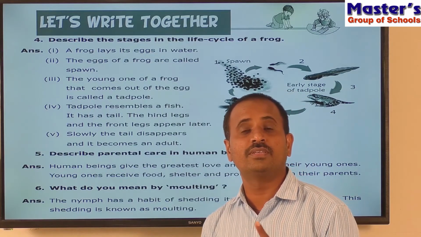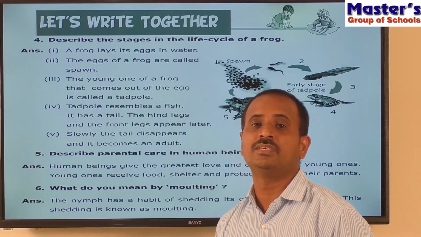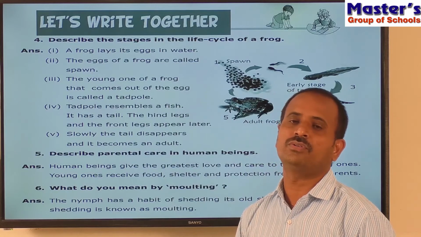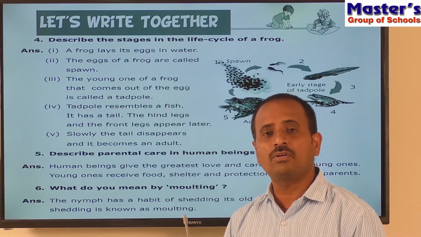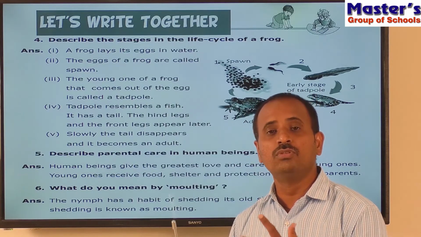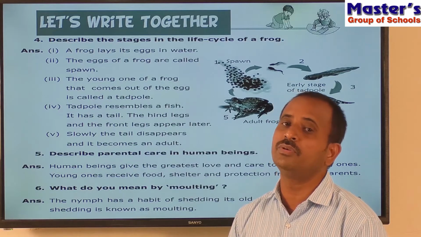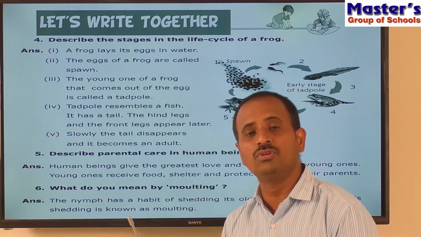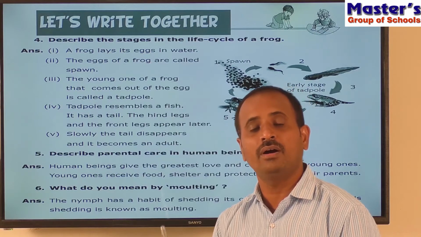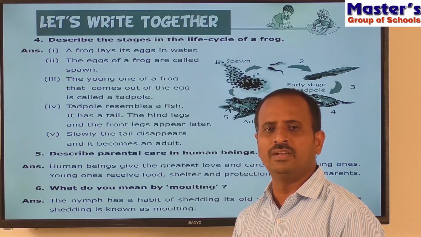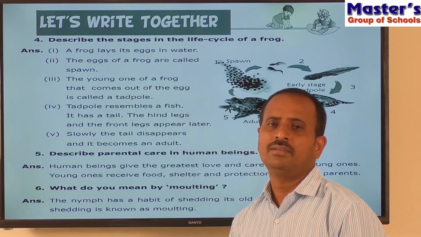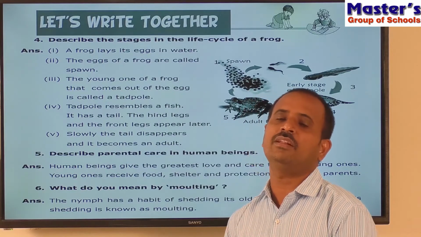So children, we have discussed the different stages in the life cycle of a cockroach. How the cockroach lays eggs, how those eggs grow into young ones, and how those young ones become an adult cockroach. Generally, every insect will have 3 stages in its life cycle.